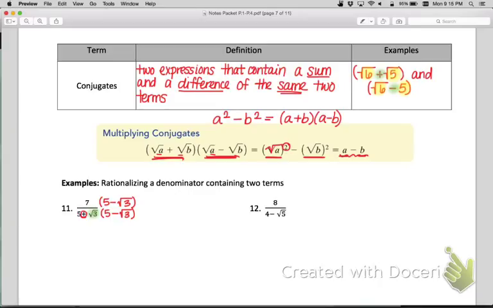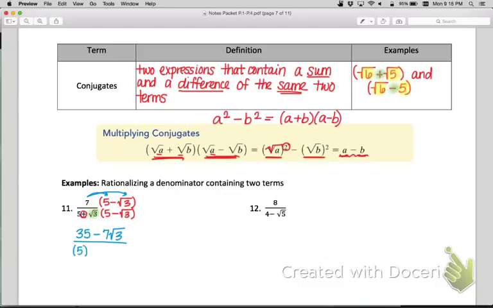So here's how this is going to work when I multiply this out. I'm going to distribute the 7 in the numerator. 7 times 5 gives me 35 minus 7 root 3. So that's our numerator. Over, in our denominator, because it follows the conjugate pattern, we're going to do the first term minus the square of the second term. So we're going to square the first term minus square the second term.